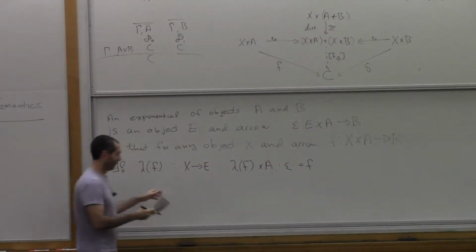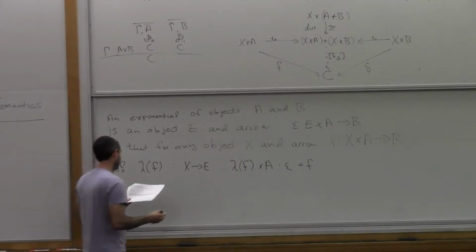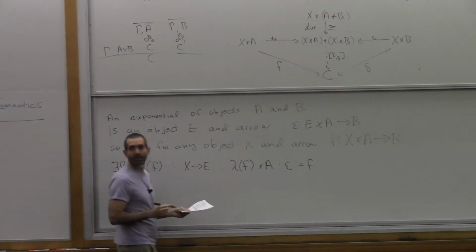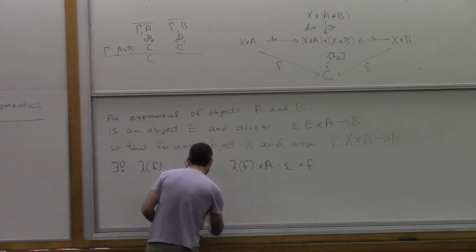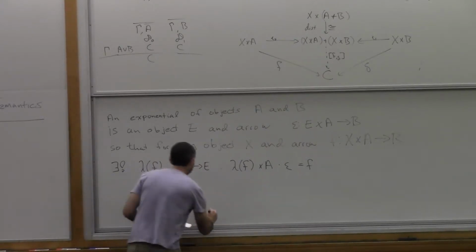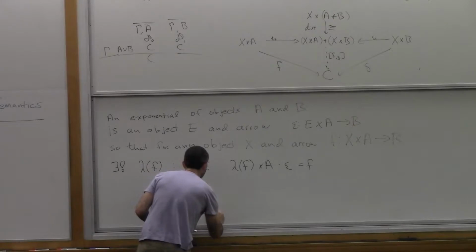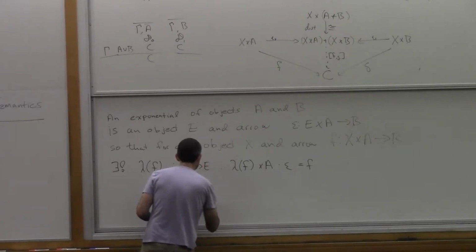Okay, so what this says, right, is that the data is we have an object E and a map from E cross A to B is called epsilon.